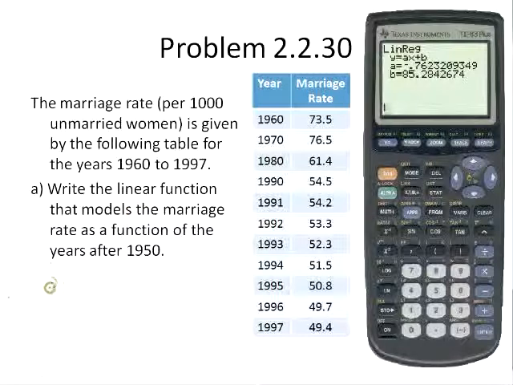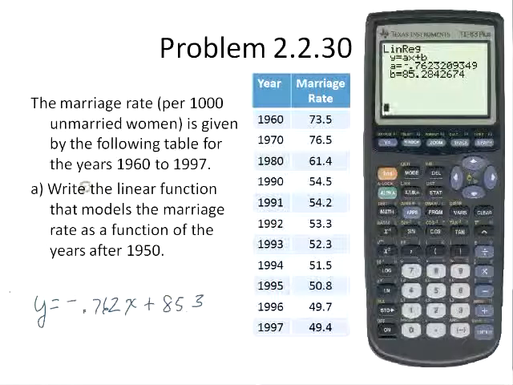Our model is going to be y is equal to negative 0.762 times x, and then plus 85.3. And again, as I discussed earlier, I'm going to use 3 significant digits as opposed to 3 decimal places. Hopefully you can see the decimal point there.